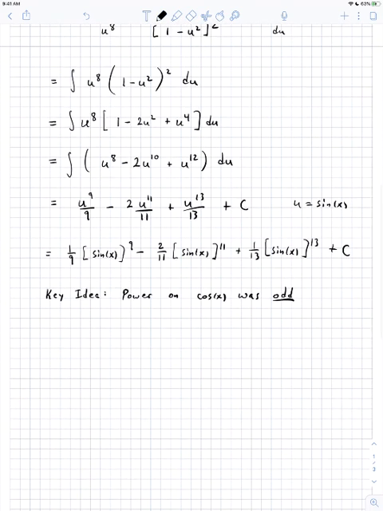So for example, the integral of sine x to the 9 times cosine x to the fifth like it was before, dx, you can do the same thing.